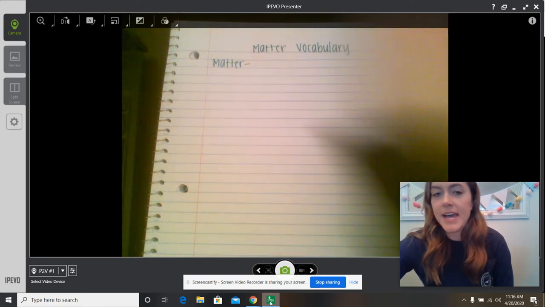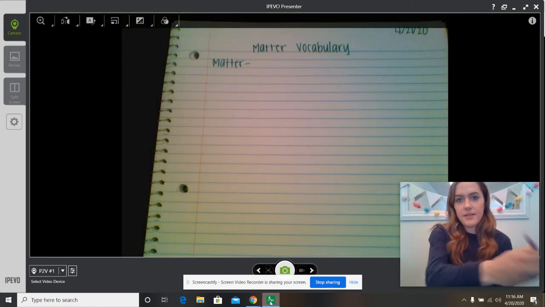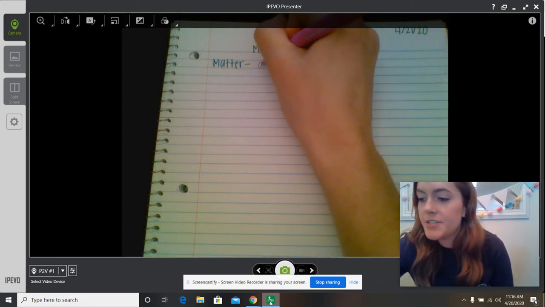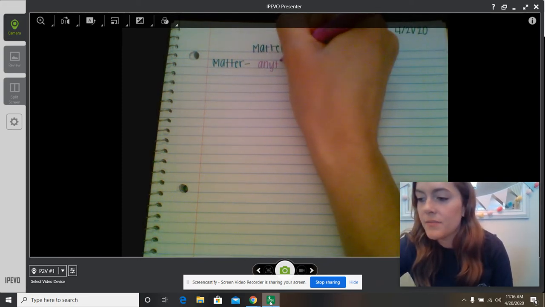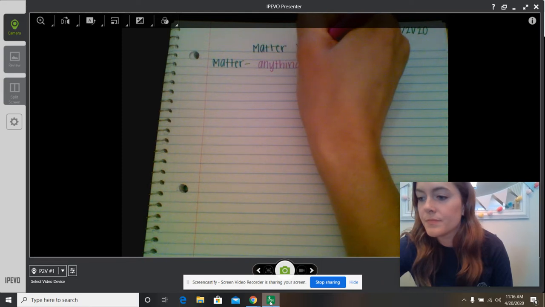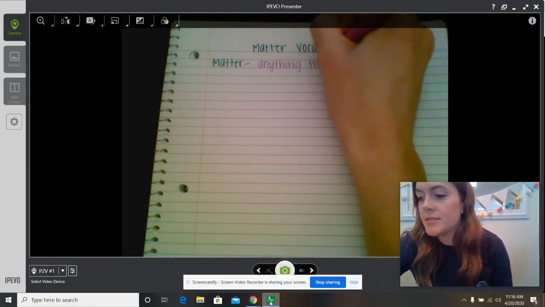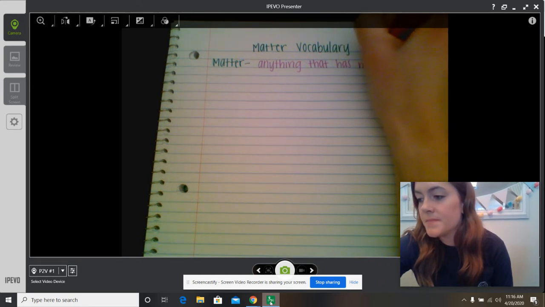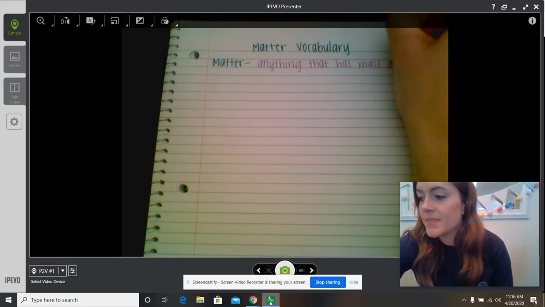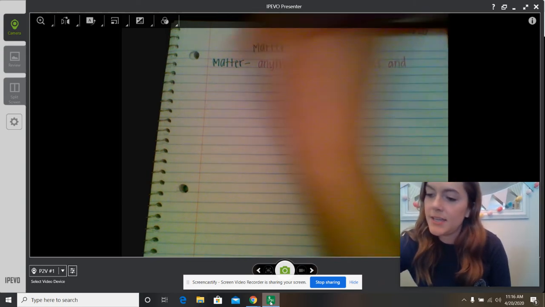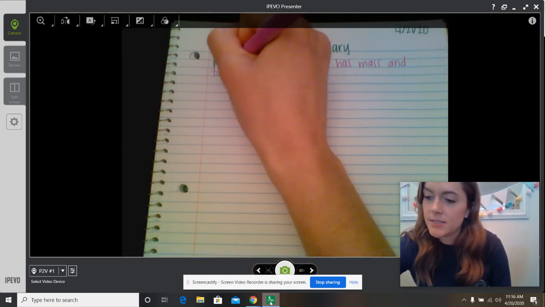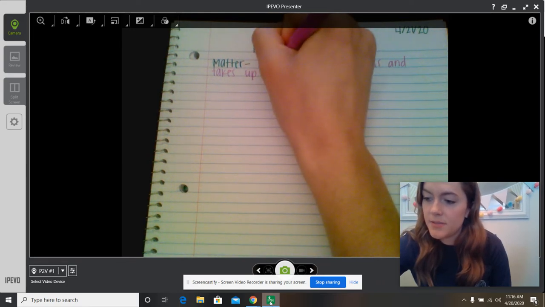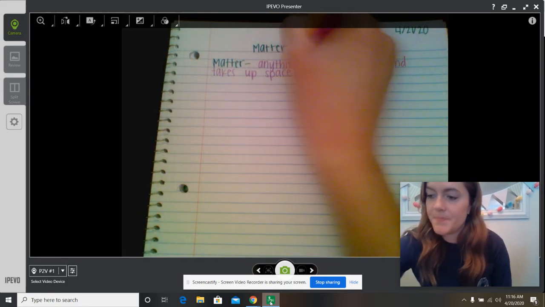And then I like to do a dash and I'm going to use my next color. So our definition was anything that has mass and takes up space.